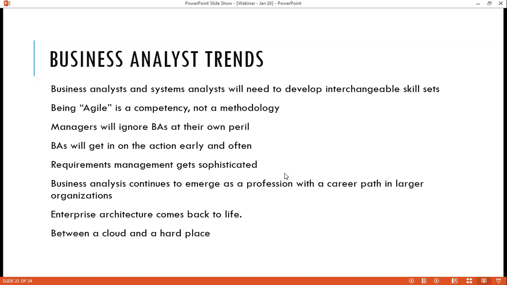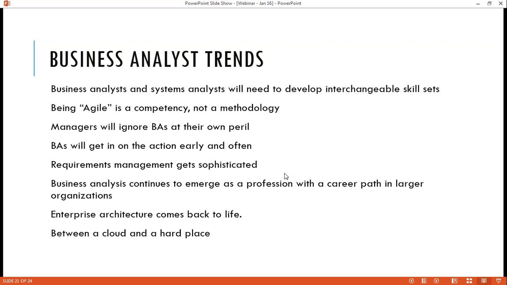I'm not saying you should know the code, but you should know where the information is being saved. You should be able to query the databases. Similarly, system analysts who are very sound technically also have to develop the functional knowledge, the business knowledge of the system. So that's one of the trends that we are seeing.